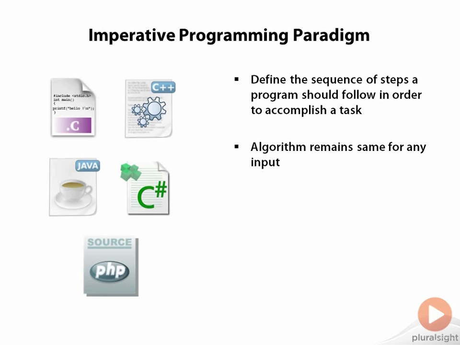We aren't just saying sort this array of data. We are also providing the implementation of the algorithm to use, whether a shell sort, a bubble sort, quick sort, or some other algorithm. The important point, though, is that we're not just specifying the result that we're going to get back, but also each step in the algorithm to be performed. So regardless of the input data that's provided, the algorithm remains the same.